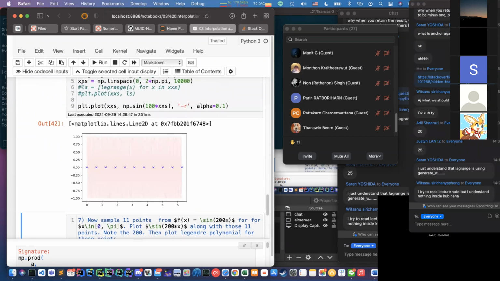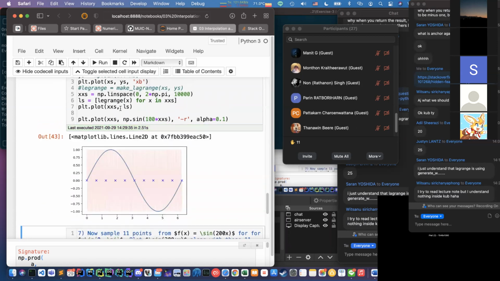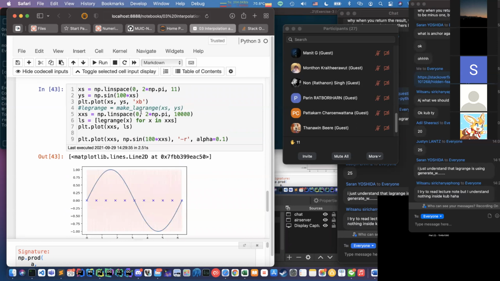And let's look at what happens when you do Lagrange to these points, right? I think it's quite clear to you that you're not going to get back the original line. The original red line is not going to happen, right? So I want to point out to you that this only works if you have enough sampling.